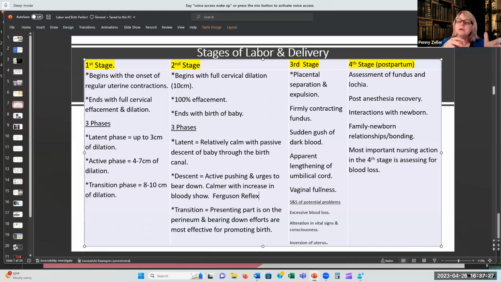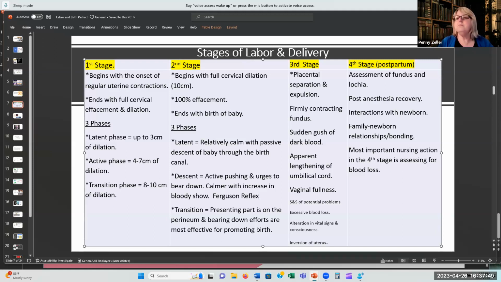Once the baby's delivered, the cord lengthens and then you'll see a gush of blood. And then we're going into stage 3, which is the delivery of the placenta. For the placenta to be released from the endometrial wall, we have to have more contractions.